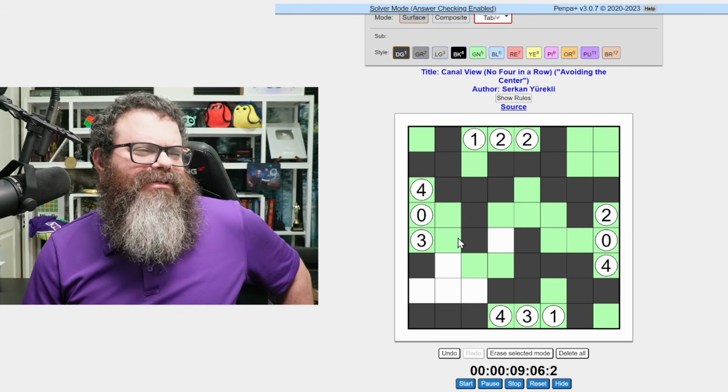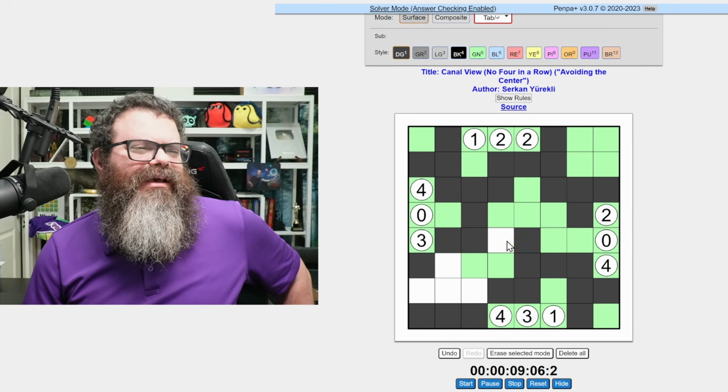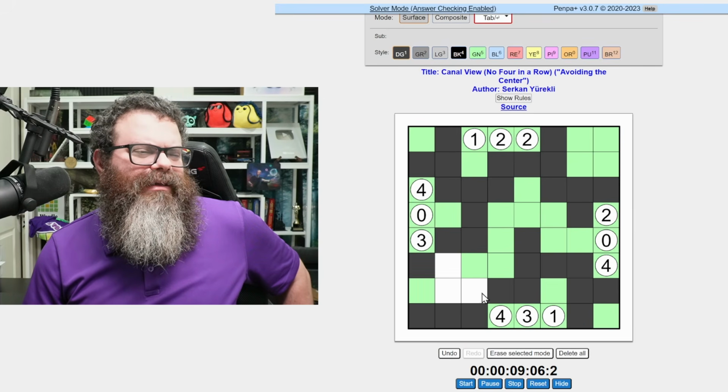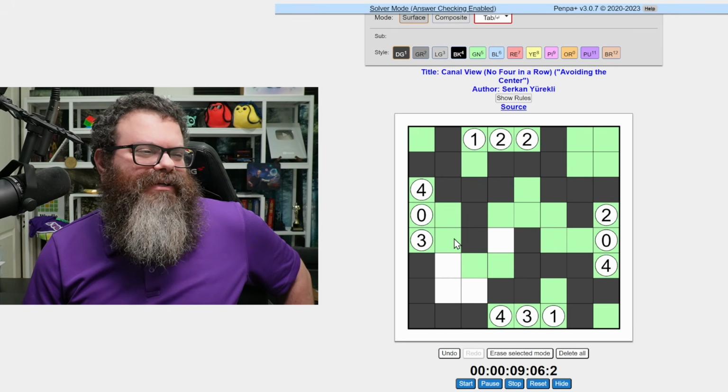So if this is unshaded, we connect up here. Oh no, that's the correct answer. Sorry. If this is shaded, then this blob can't connect up here. But then it also gets blocked here. Okay, I think that's really the only way to see it. All right, well, let's just fill in the correct solution then.